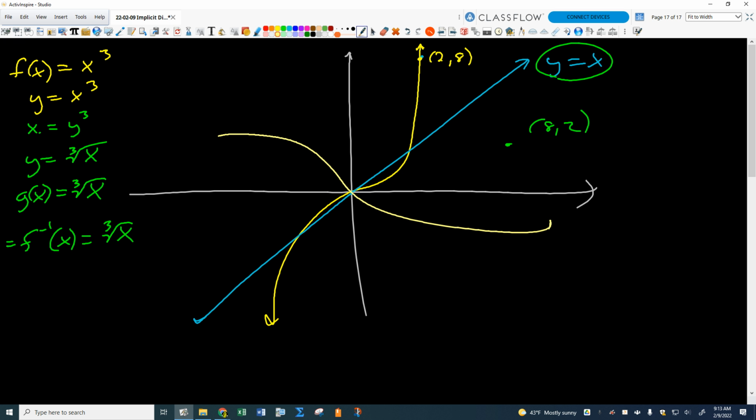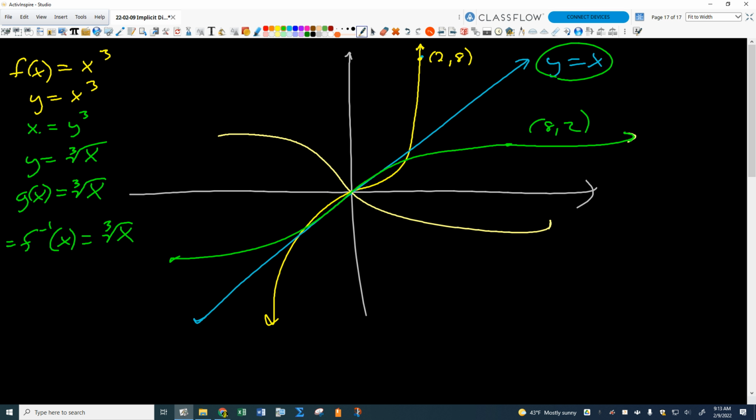And then you reflect it over the y-axis. You do them in that order. You rotate 90 degrees counterclockwise and then reflect over the y-axis. And sure enough, you get what you're supposed to get. Right? That's the graph of the inverse.